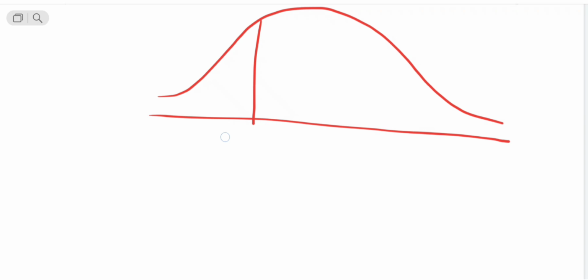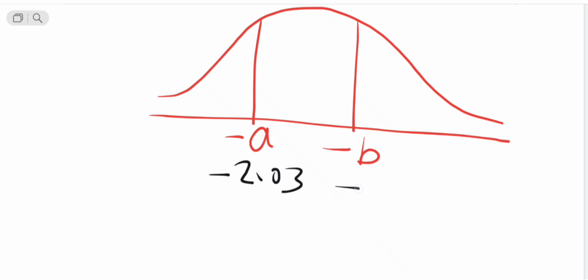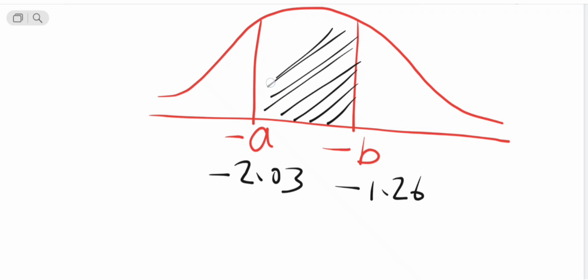They can ask minus a, minus b, meaning both are negative. For example, minus 2.03, minus 1.26. So like that, they are asking you to find the area between both of them.